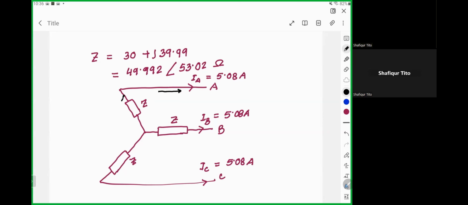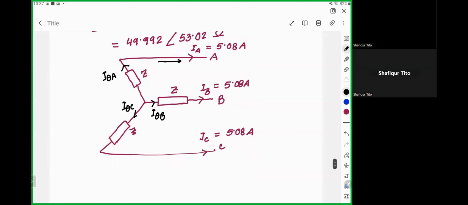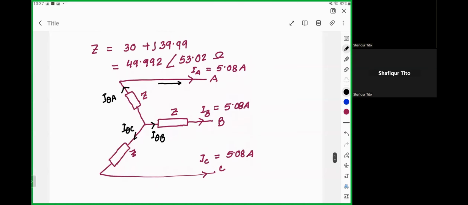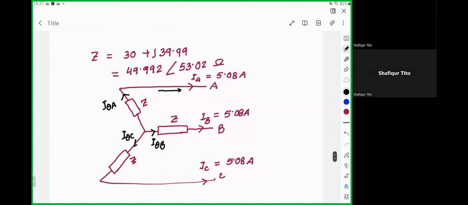It is actually coming through this phase, and this phase I can identify as I theta A. And this current IB is coming through this phase, identified as I theta B, and this one will be I theta C. Now I know this current and the impedance, so then we can find out the voltage.